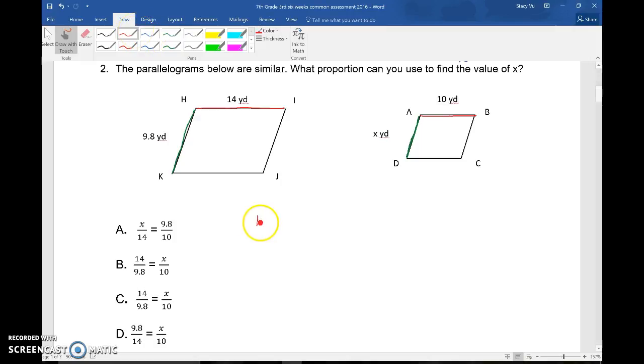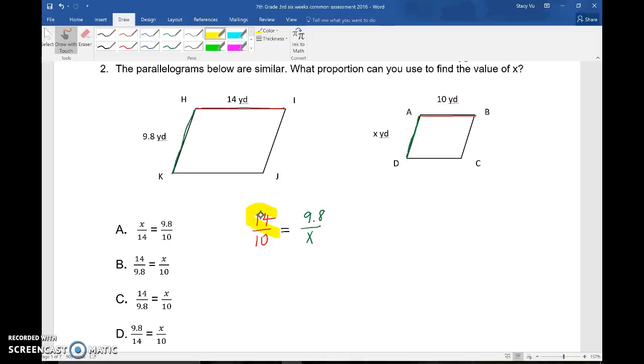So if I was going to write my proportion, I would go ahead and do, let's say, 14 over 10, if I want to start with my red ones, and then do the green ones. And if I started at this parallelogram, I'm going to start here. So 9.8 over x. So knowing that, I am going to go ahead and look at my diagonal with my variable.